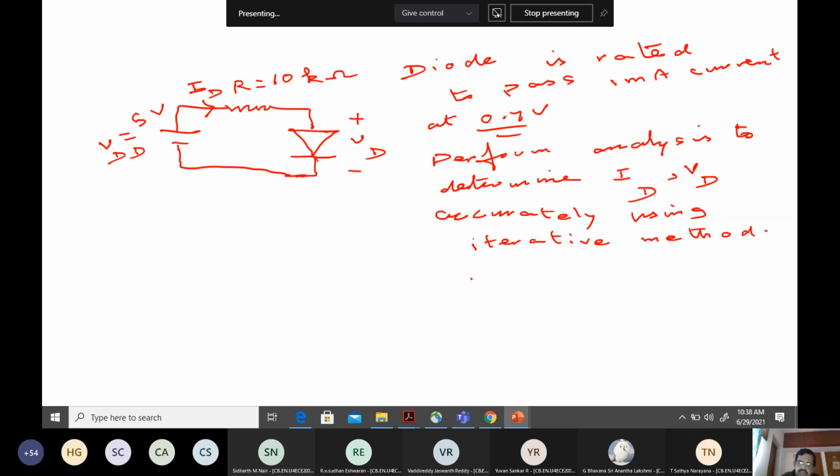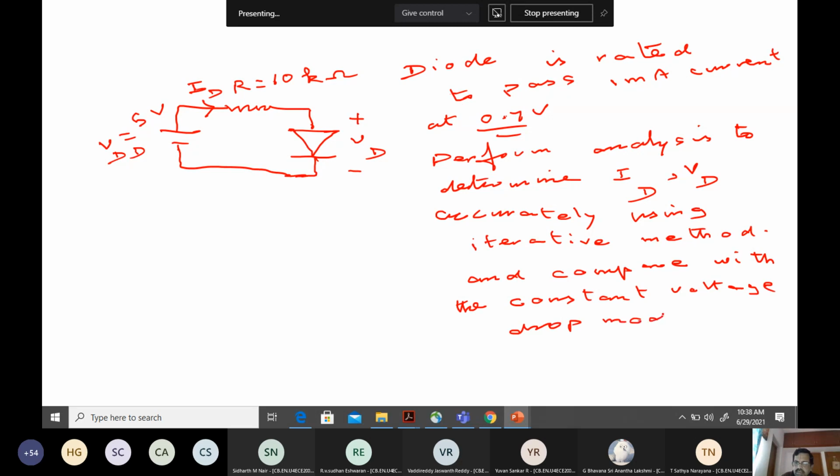And then we also need to compare the answer with the constant voltage drop model. So this is the idea. Let us look at this iterative method.